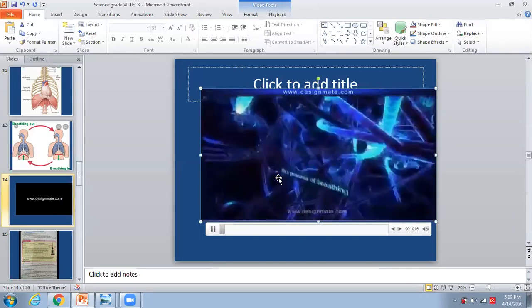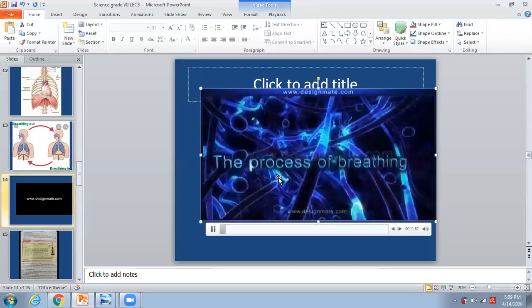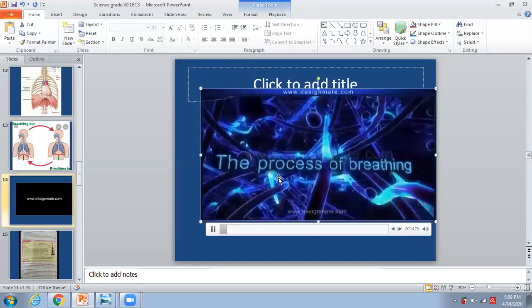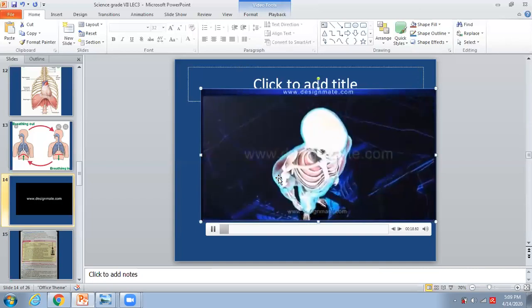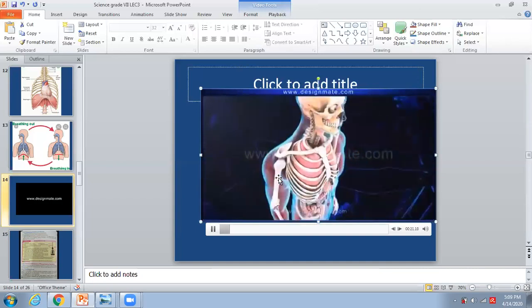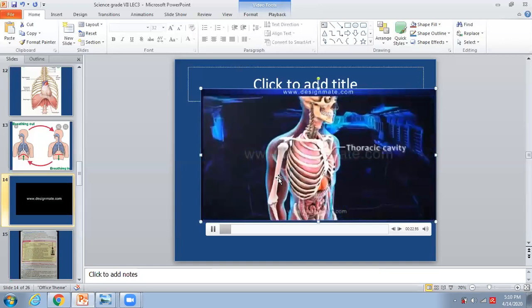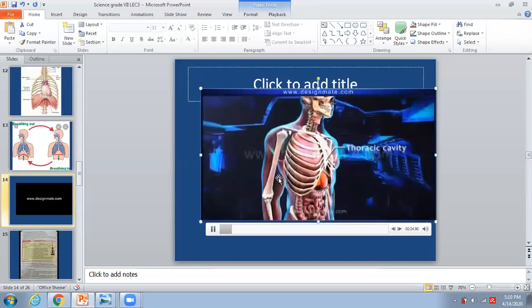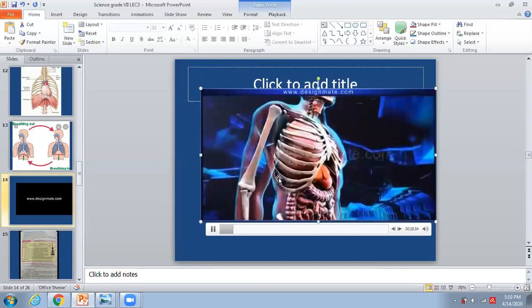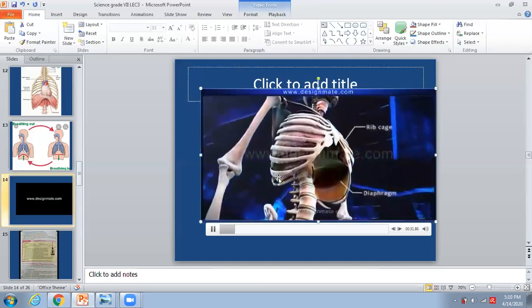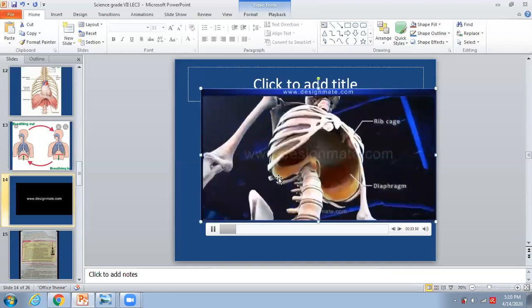To understand the process of breathing, in humans, the main organs responsible for respiration are present in the thoracic cavity. In the thorax region, the rib cage and a dome-shaped fibrous tissue known as the diaphragm are observed.